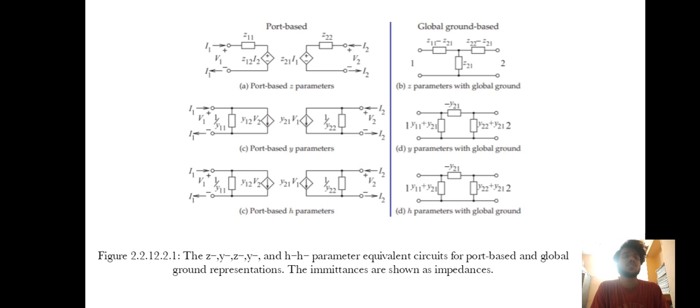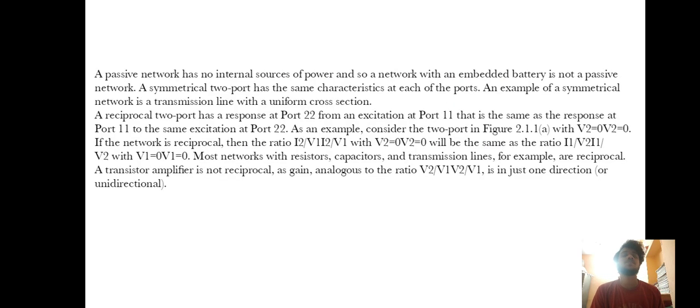C shows port-based H parameters, and D shows H parameters with global ground. In figure 2.2 and 2.1, the Z, Y, and H parameter equivalent circuits are shown for port-based and global ground representations. The elements are shown as impedances.